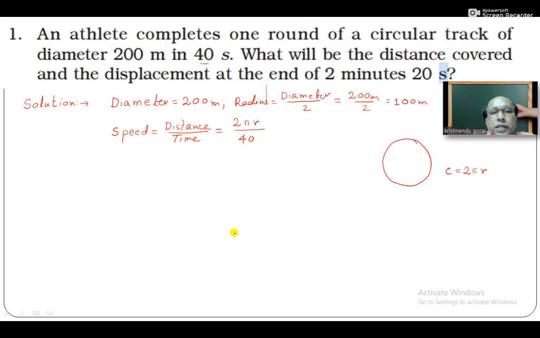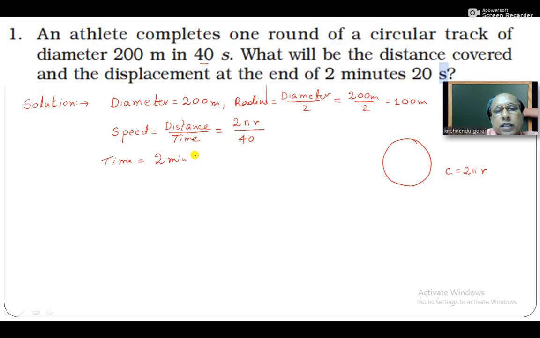This is the speed. Now, if you want to find the total distance of this athlete after 2 minutes 20 seconds, therefore, time in this case is equal to 2 minutes 20 seconds.